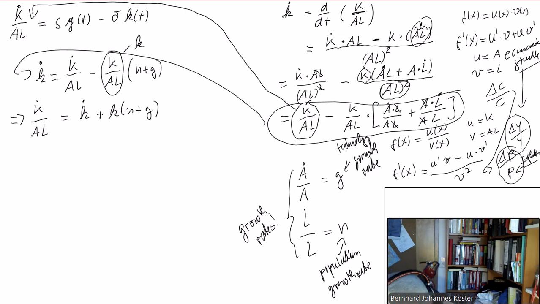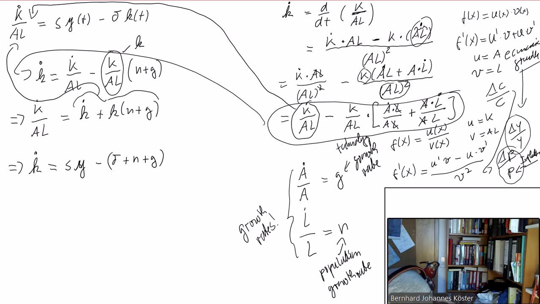And this now we feed in our main equation of our model, and we then obtain k dot equals s y minus (delta plus n plus g) times k.